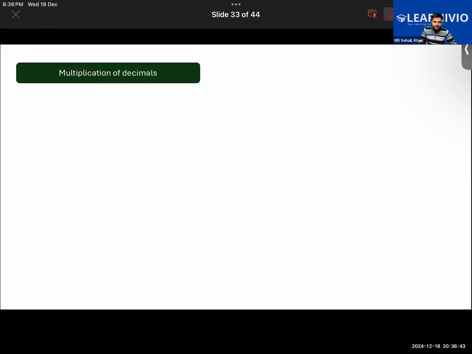So for multiplication of decimals, the first thing is that you have to ignore the decimal points given in the numbers. The first rule is that you ignore the decimal point and multiply the decimals as whole numbers. This statement will be clear once we do some examples.